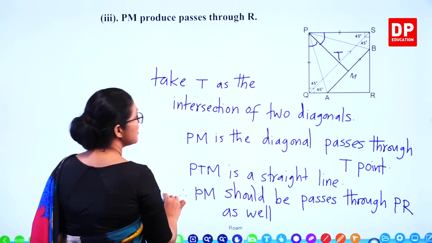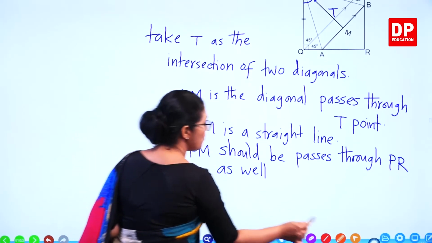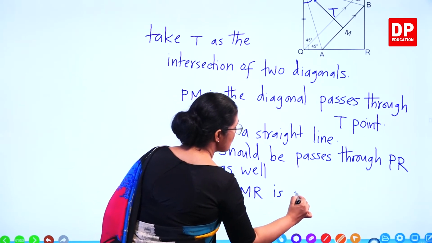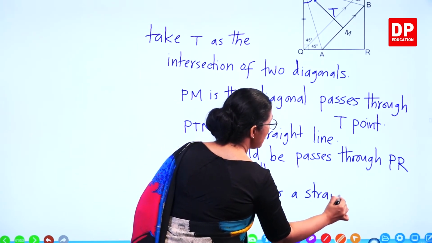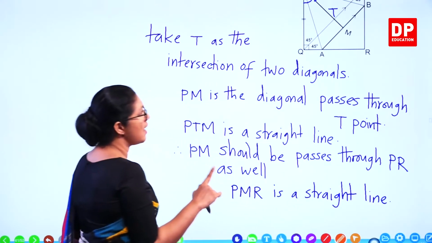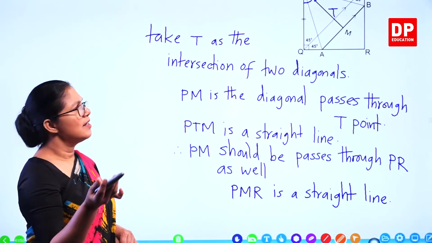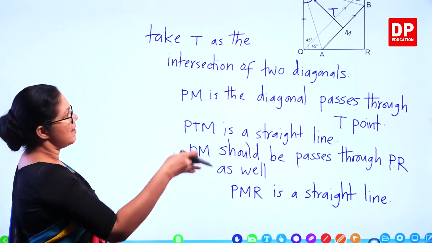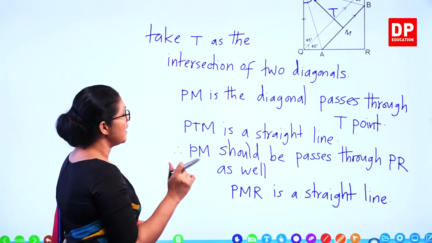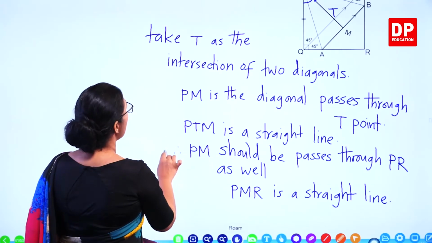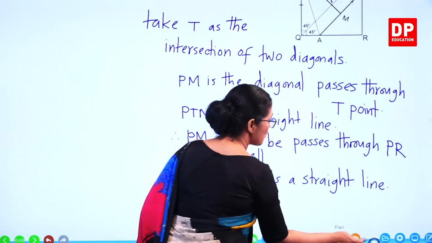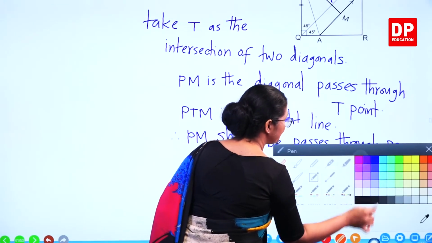So that means PMR should be a straight line. PMR is a straight line because the angle bisector is the same as the diagonal. So PR is the diagonal. So that means PMR should be a straight line. So that should be the diagonal. So that's the next part. So you get 3 marks for that.